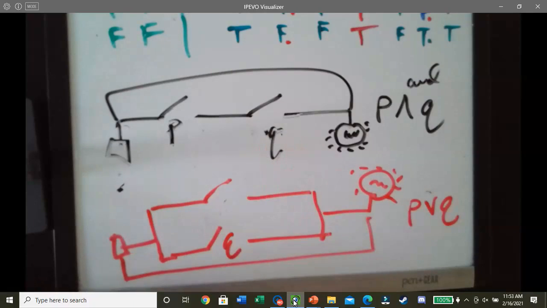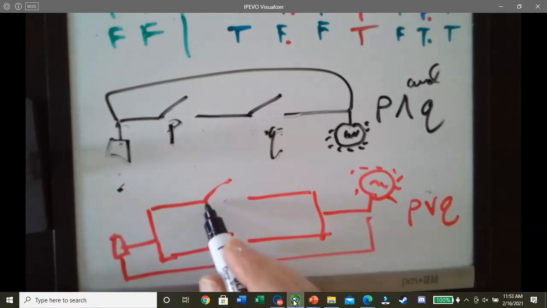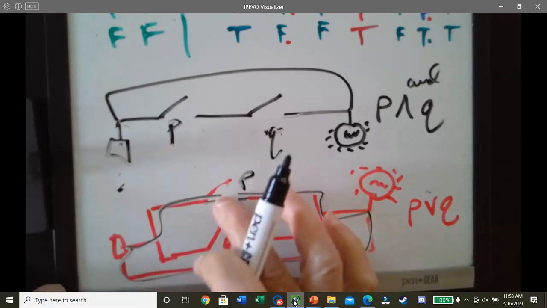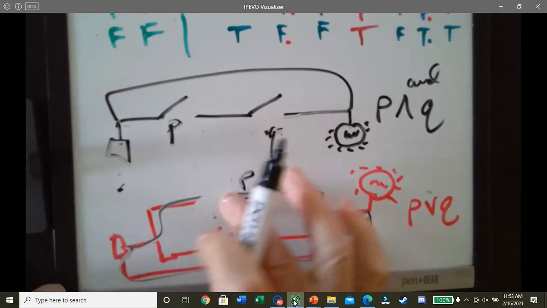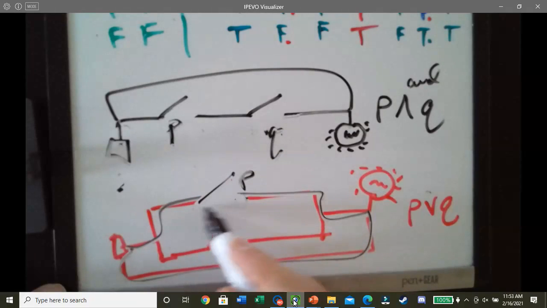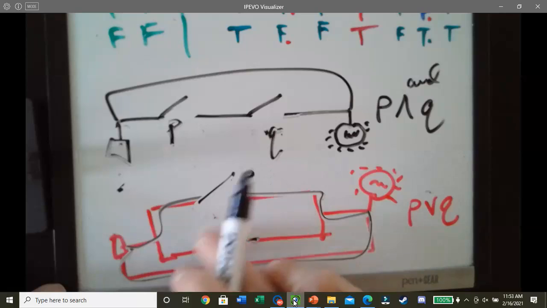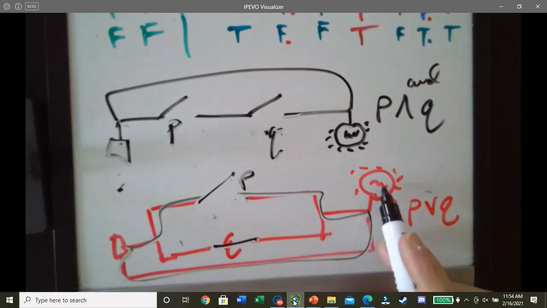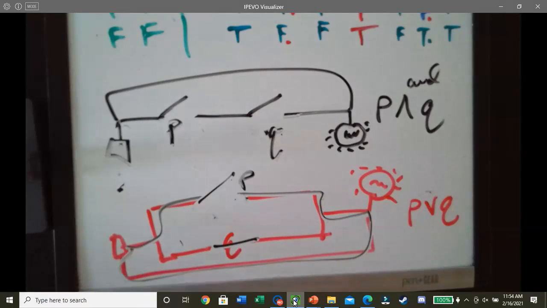Because if this one's closed, then your light will light. Or if this is open and the other one's closed, then it would still light. So you only need one or the other closed in order to get your light bulb to light.